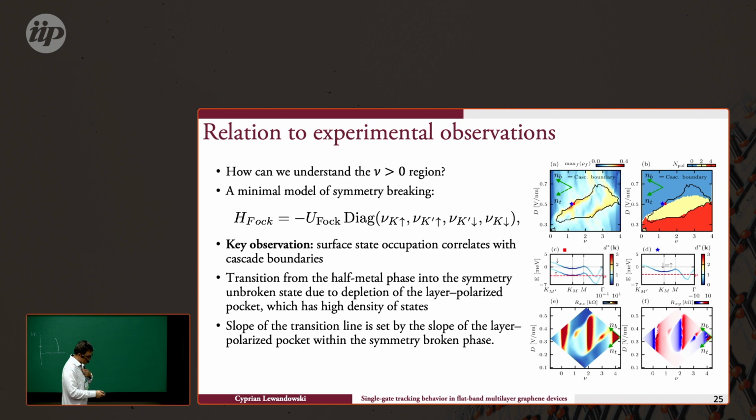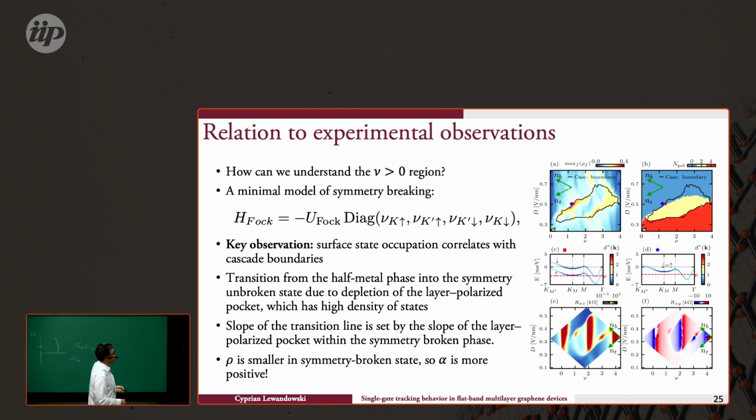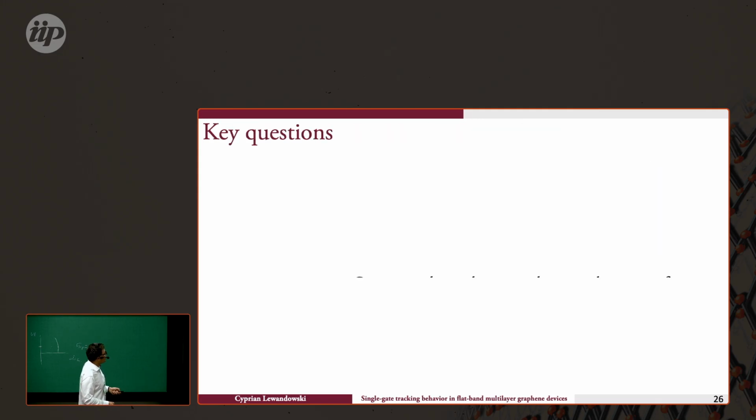Okay. And the other question is that the width of this region is controlled by the amount of the Fock term. Okay. All right. So as I said, when I reduce my density of states, I go back to the alpha positive range, and then I get my gate tracking. Okay. So now I have 10 minutes, which means that I'm timed well.